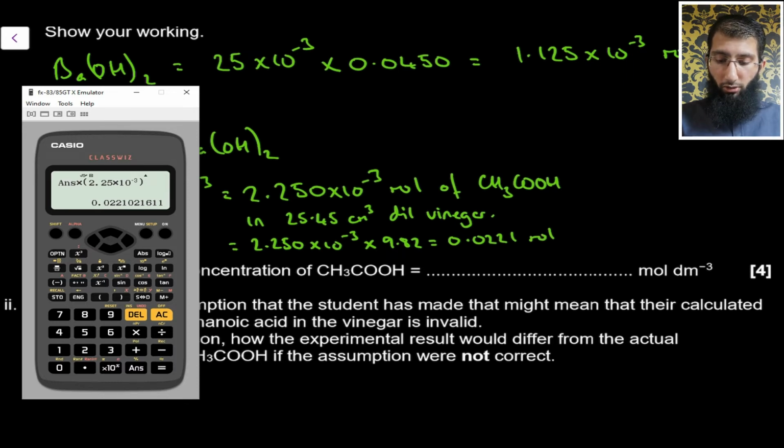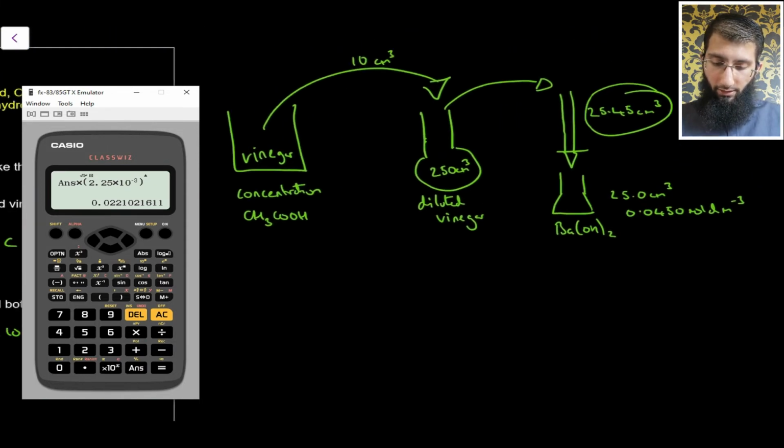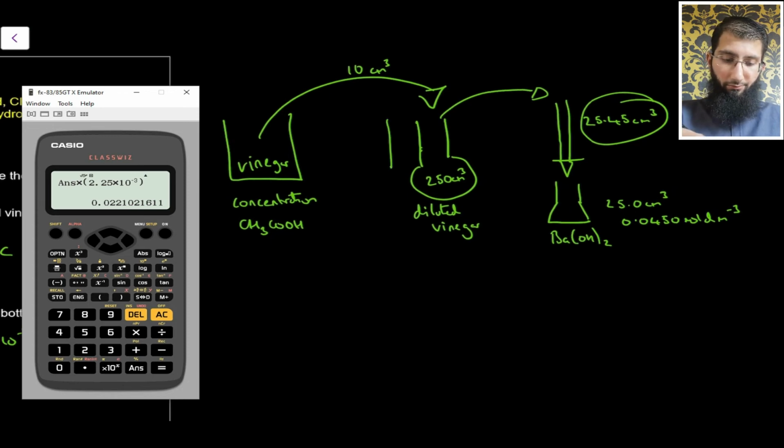So that's the number of moles in 250 centimeters cubed of the diluted vinegar. Okay, so we've now identified the number of moles in this bit over here, right?